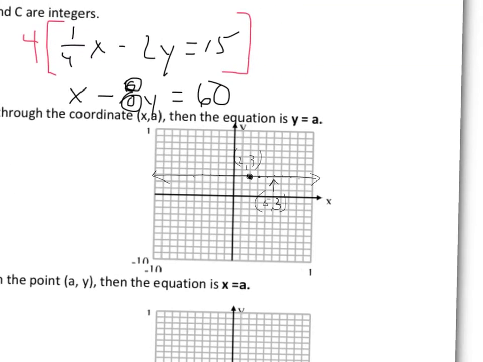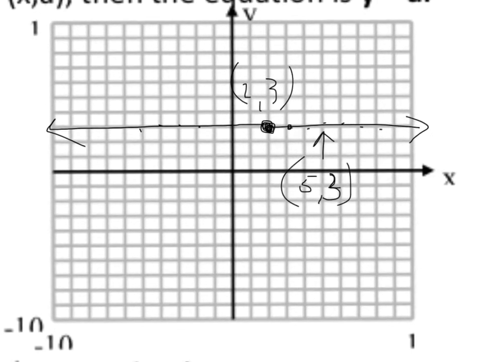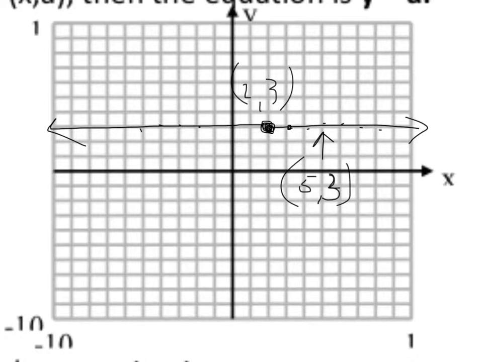Now, let's look at the slope of this line. Remember, graphically, slope is rise over run. So what we do is we take 2 points on the line, any 2 points, and we look at, to get from one point to the next, how far do we rise and how far do we run. If I go from this point to this point, ask yourself, how far do you go up or down to get to that point? Well, we don't go up or down at all.